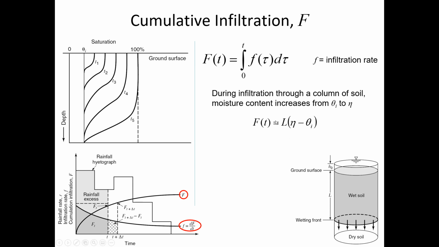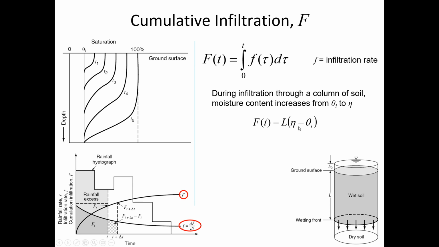And the equations we have to calculate that start off by knowing that the infiltration amount is going to be whatever depth the water has penetrated to. And remember, full saturation is porosity, and then this is the initial water content. And so the difference between the two is what fraction of the voids in the soil had empty space.